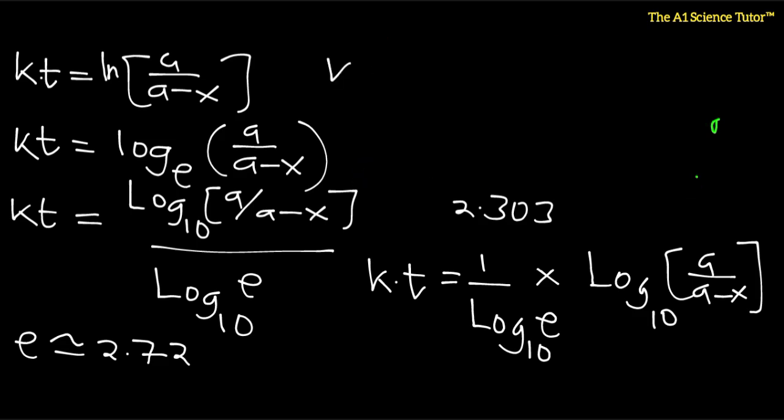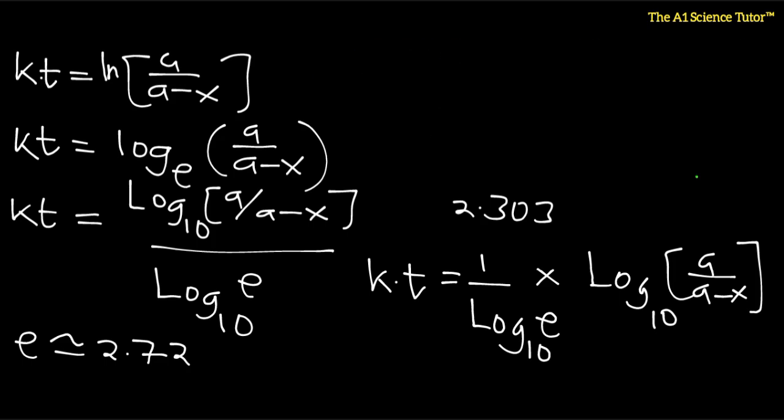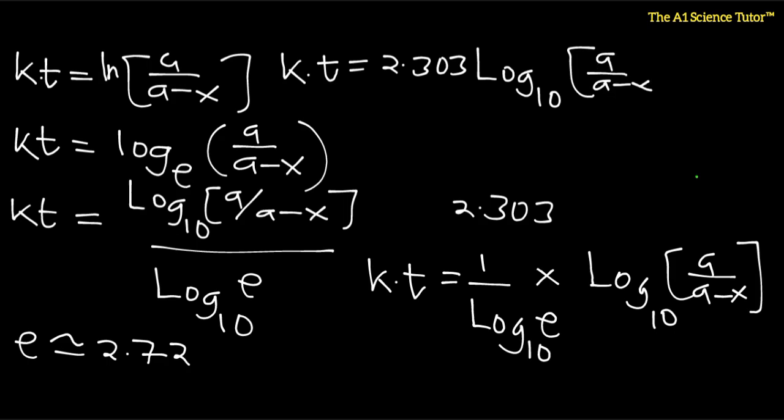That means we have kt is equal to 2.303, and this is log to the base 10 of a over a minus x.